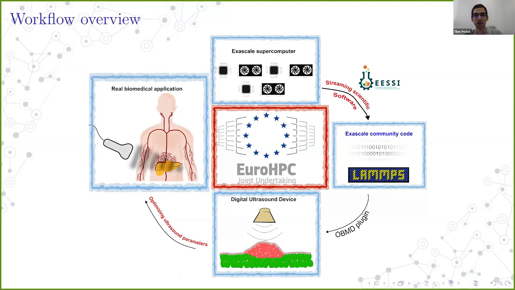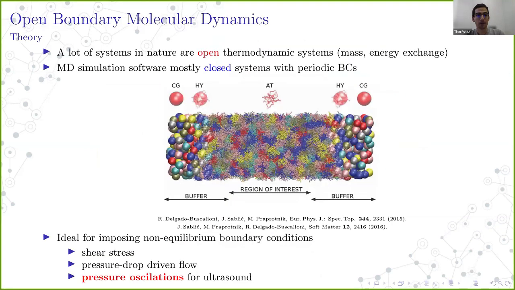In this case, this would be a LAMMPS code with our OBMD, the Open Boundary Molecular Dynamics plugin. You could then use that in your own numerical experiments, and ideally, in the end applications, you would use it in a real environment.